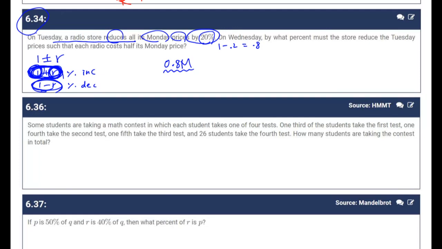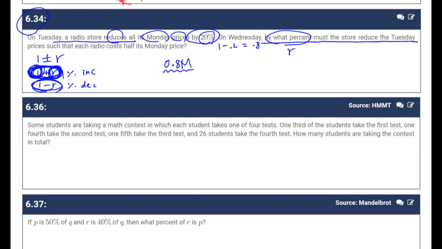Now, the question is, by what percent must the store reduce the new Tuesday price? So you're going to do a further reduction this time. And by what percent? Let's say that's R, okay?